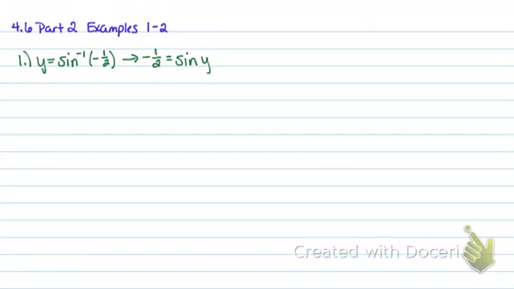Well, first remember it told us that the inverse sine, the answer is going to be between negative pi over 2 and positive pi over 2. So where is that at first? So we know pi over 2 is up here, hopefully. Where's negative pi over 2 on our unit circle?